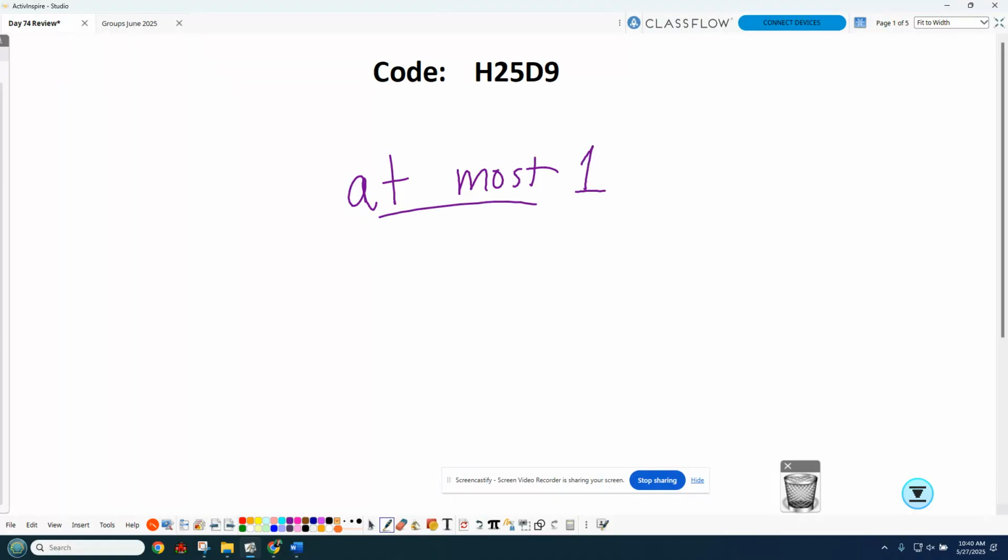At most one. So that means you need to find the chances that no one has the trait and one has the trait and add them together.